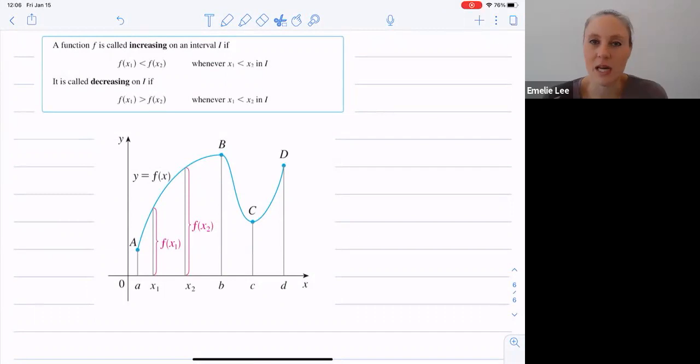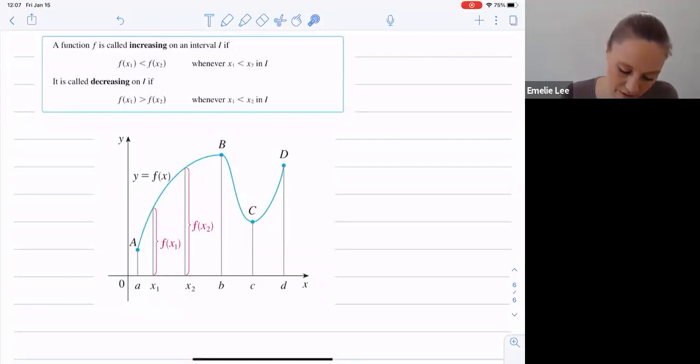So just as an example, if you've got different cutoff points, x1 and x2, then the output at x1, if it's less than the output at x2, meaning that you're increasing as you move from x1 to x2, well, then you've got an increasing function.